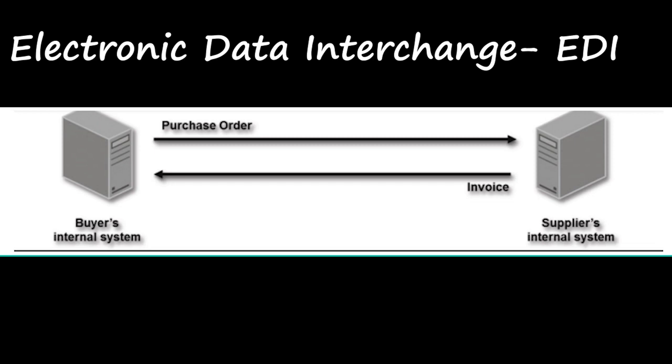The TDCC was renamed as EDIA, that is Electronic Data Interchange Association, right? This TDCC, Transportation Data Coordinating Committee, was renamed as Electronic Data Interchange Association in the year 1978.